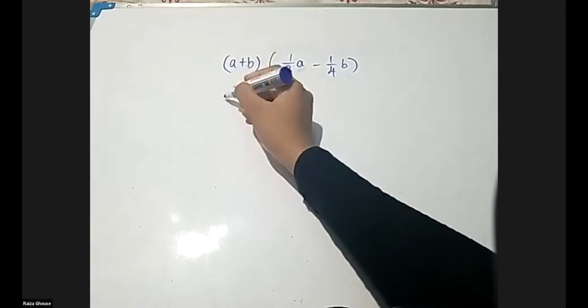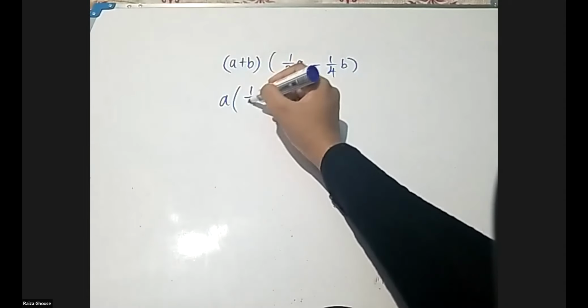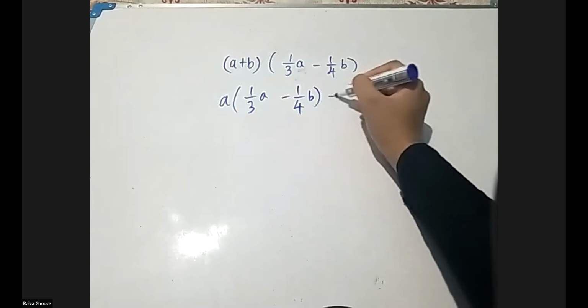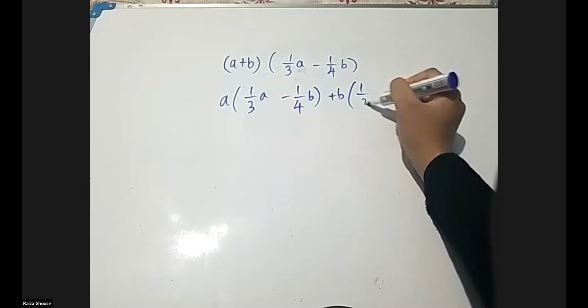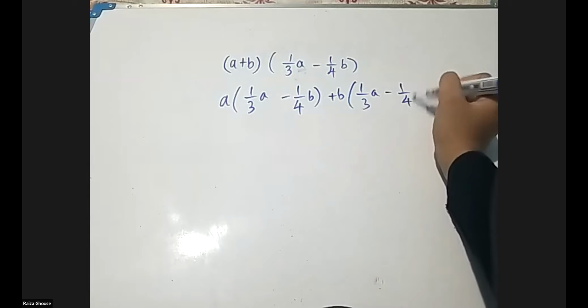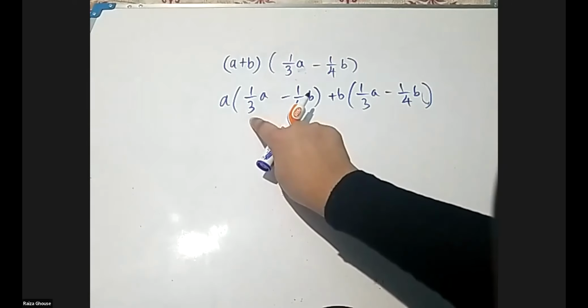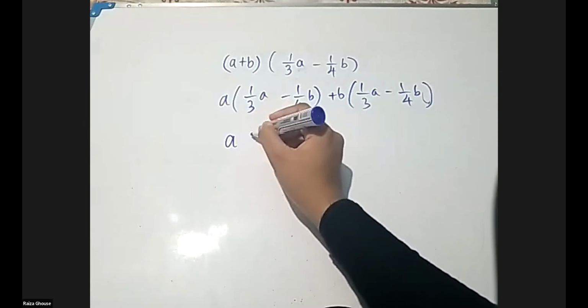First term of the first bracket and the second bracket. Second term of the first bracket and the second bracket. Right. Okay, now I'm multiplying. How do you multiply this one? I'll show it here. You don't need to write these steps. Okay, this is something like this.